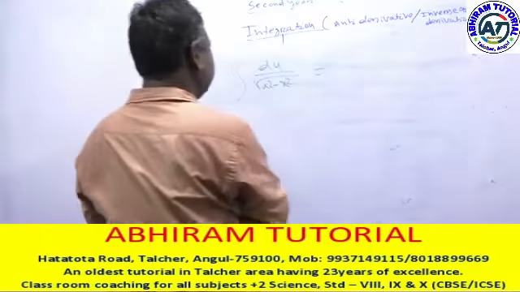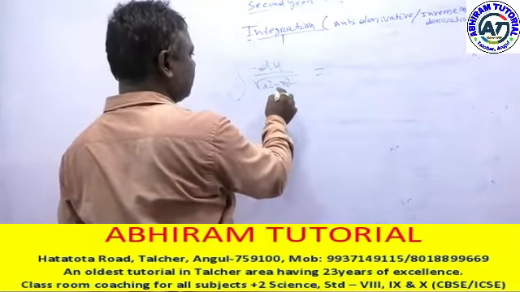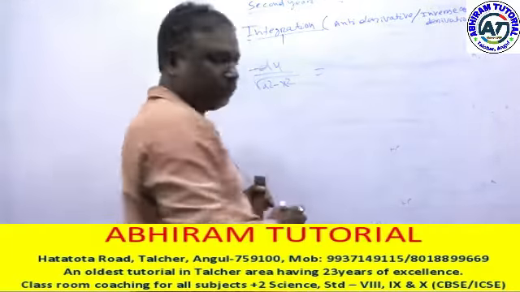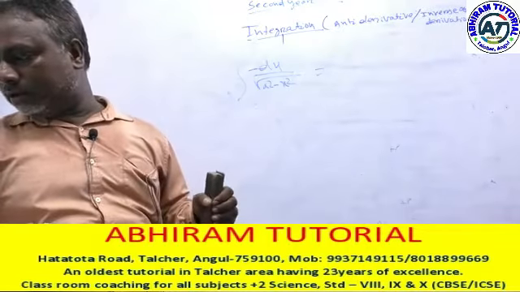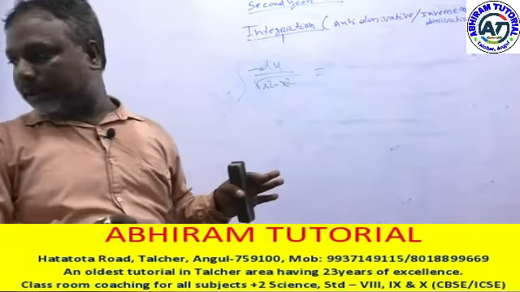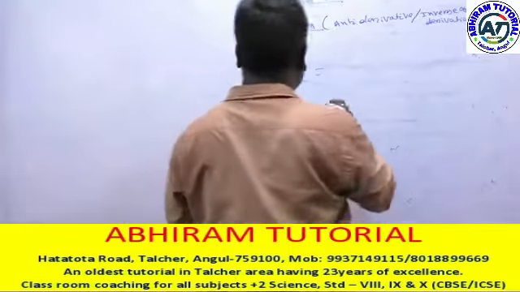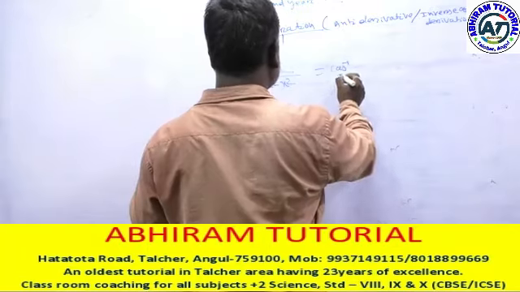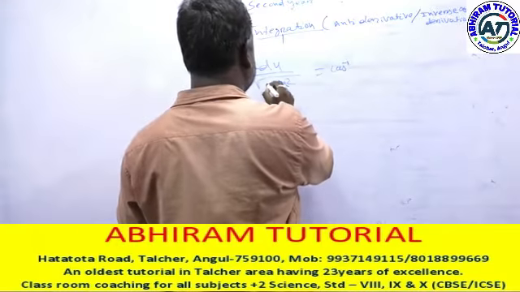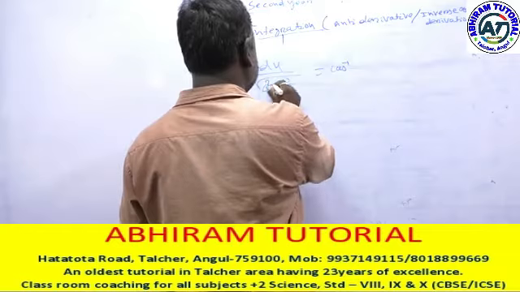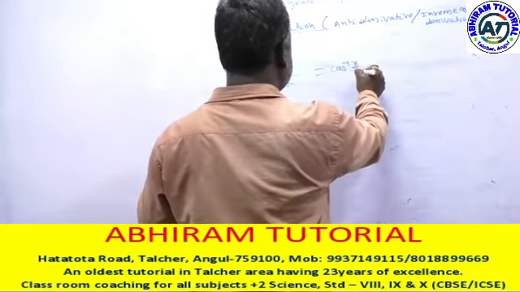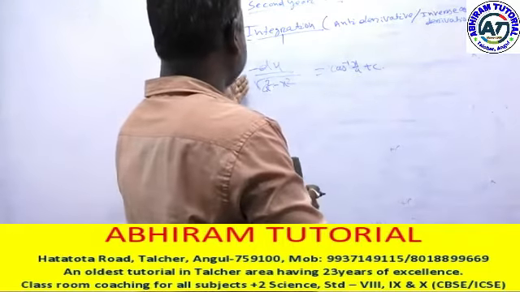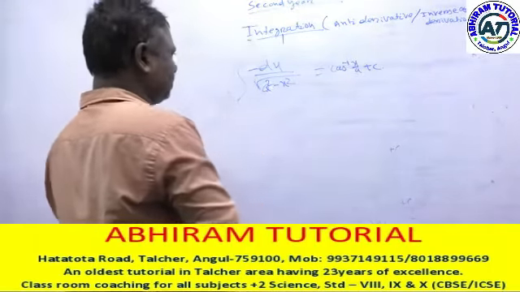If we put minus dx by root over a square minus x square, it automatically comes to cos inverse x by a plus c. Only the minus sign is the difference; nothing else is there.